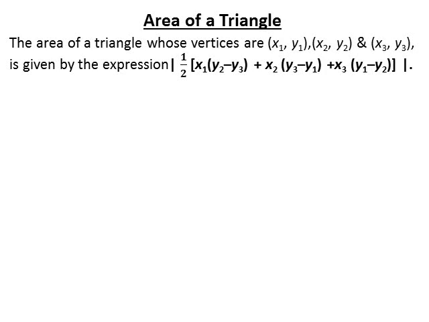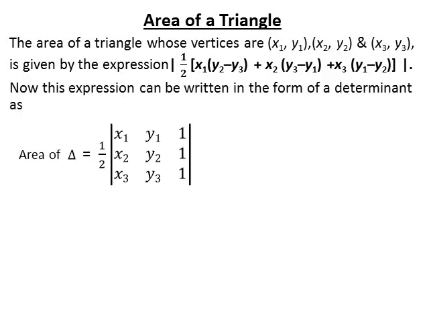If we calculate the determinant of the third order matrix whose elements of R1 are x1, y1 and 1, elements of R2 are x2, y2 and 1, elements of R3 are x3, y3 and 1, and then multiply this determinant by half, it is equal to the area of the triangle. Here (x1, y1), (x2, y2) and (x3, y3) are the vertices of the triangle.